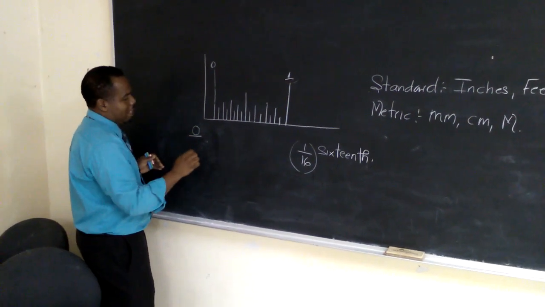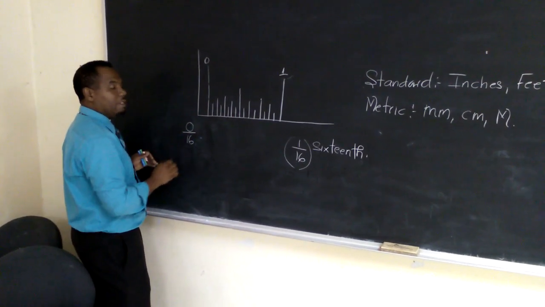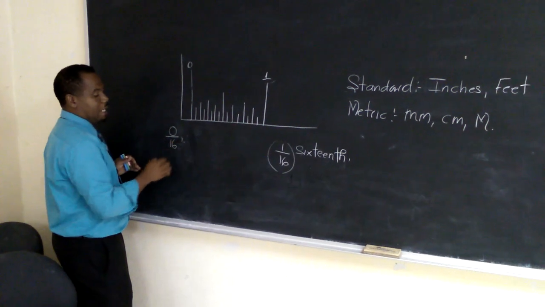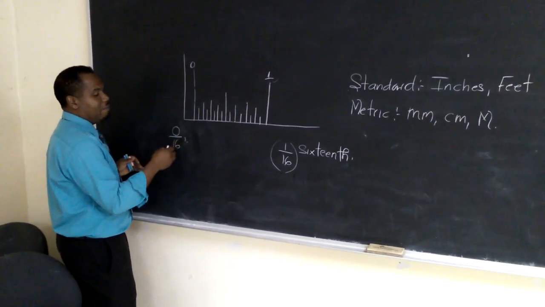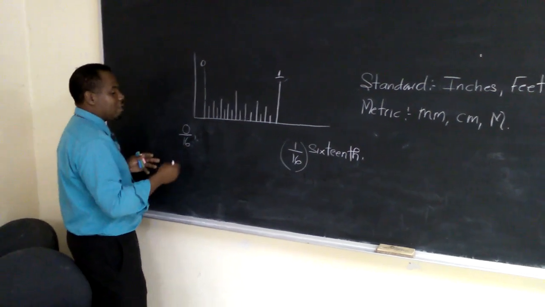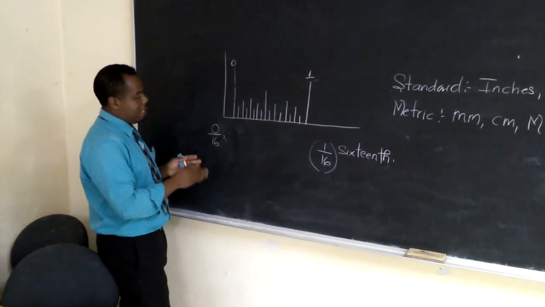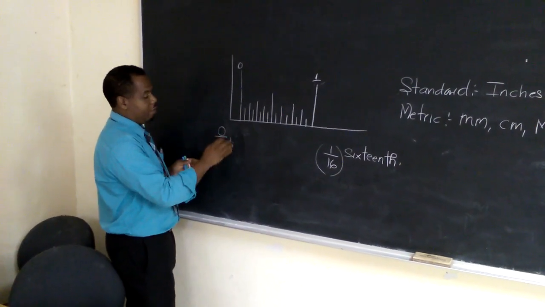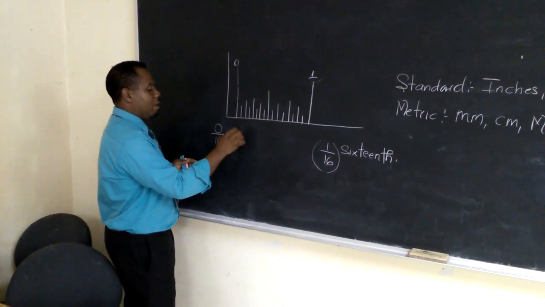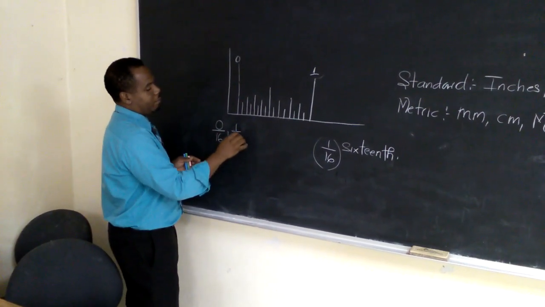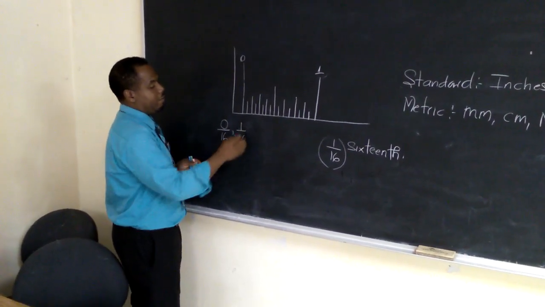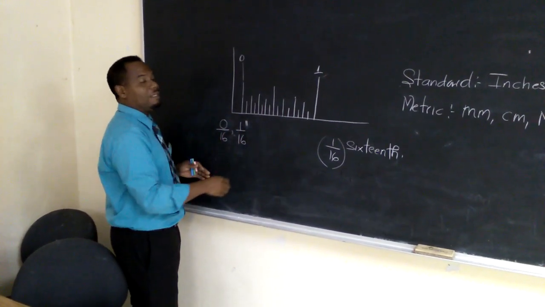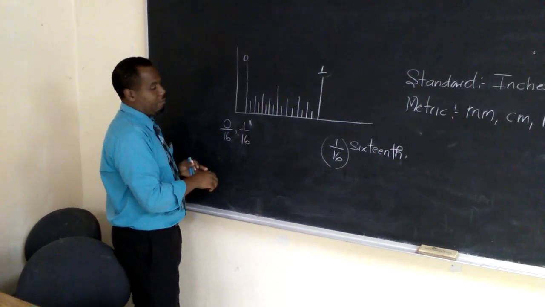We always start the count at 0 when we're taking measurements. Moving on, from 0 we get to 1. And of course, expressed as a fraction there, it's simply 1/16th of an inch.